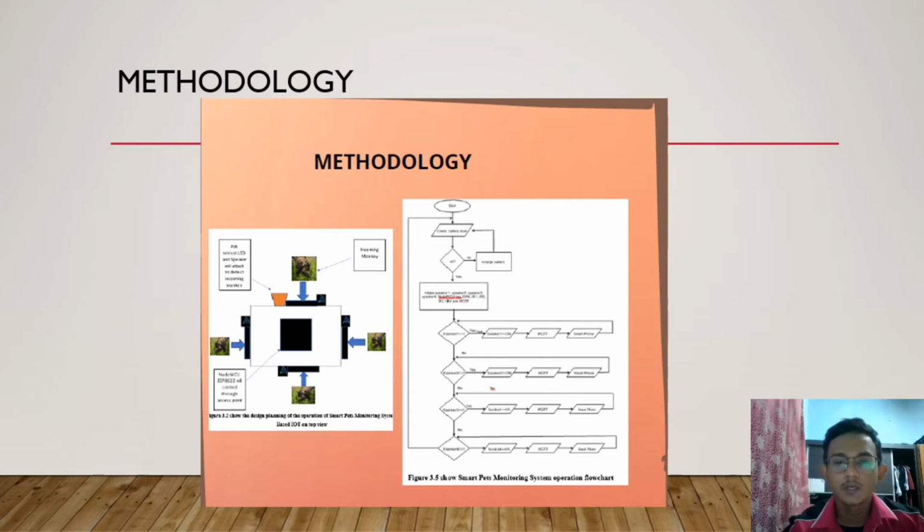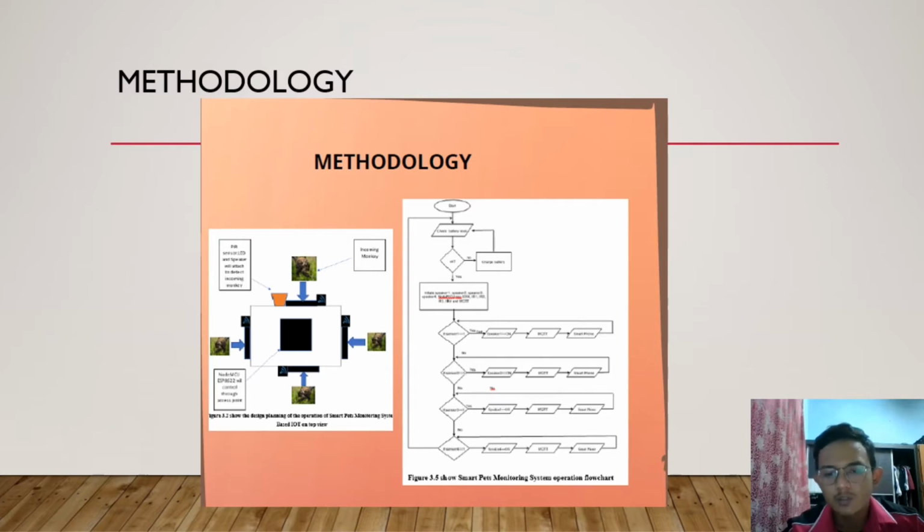So this is the flowchart of my methodology process. The flowchart shows that when sensor 1 detects the movement of an object, it will go to the speaker and MQTT, and if not, it goes straight down to sensor 2.